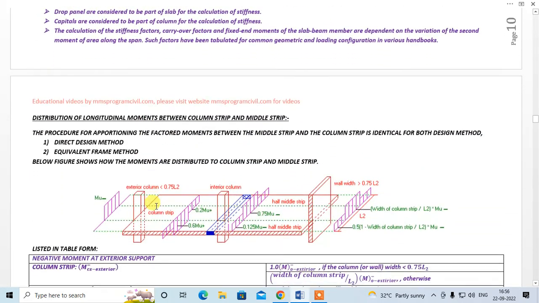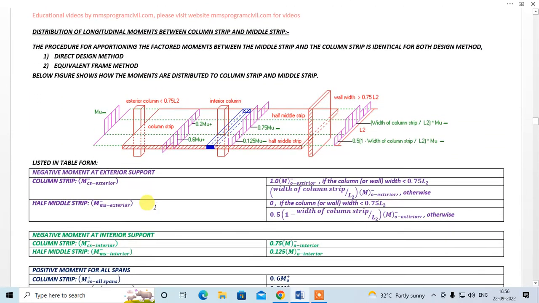Now, distribution of longitudinal moments between the column strip and middle strip. From here the design of flat slab becomes similar whether you are using equivalent frame method or direct design method. The difference between the two methods is the way in which we get the longitudinal moments.